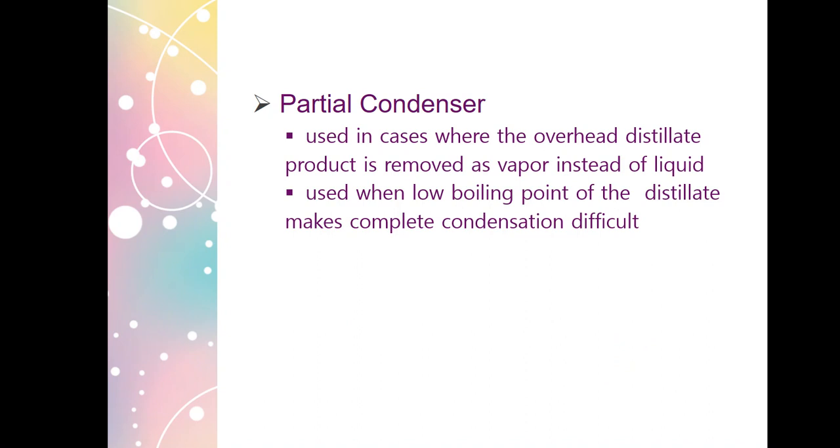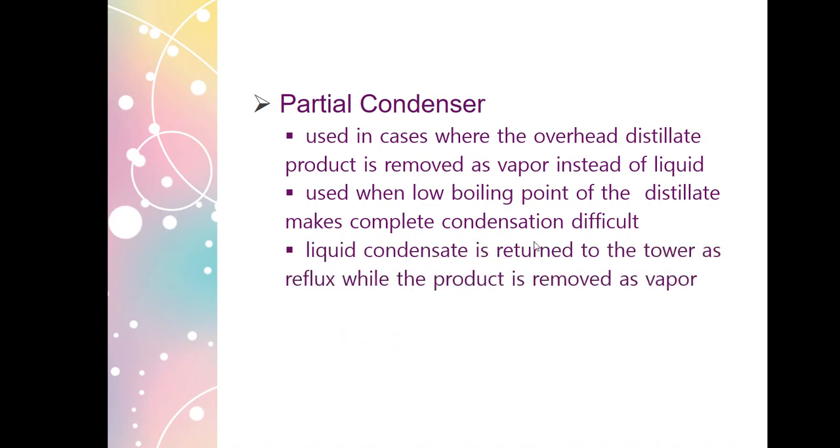Now, if there's a very low boiling point for your vapor that goes up, then full condensation would be difficult. And as such, a portion of your vapor will remain unconverted to liquid, and it is withdrawn as vapor, because it's impossible to have a 100% conversion. The liquid condensate is returned into the column as reflux, naturally, because it was already converted into liquid. The portion that was not converted into liquid is removed as vapor. So that's in the case of a partial condenser.